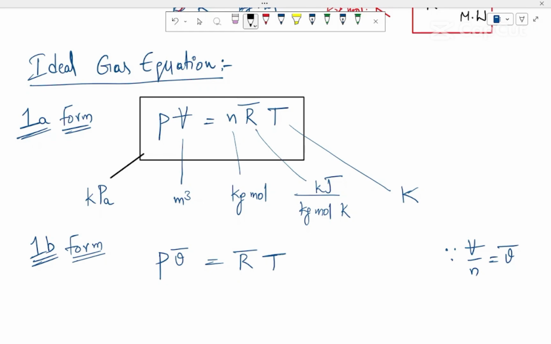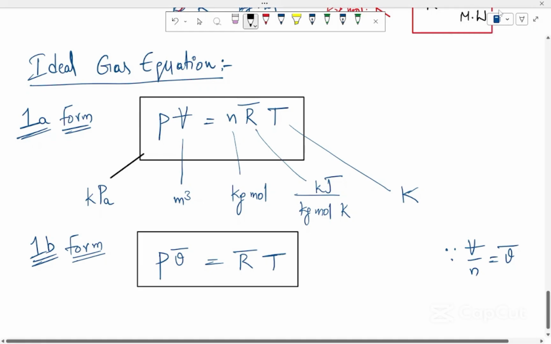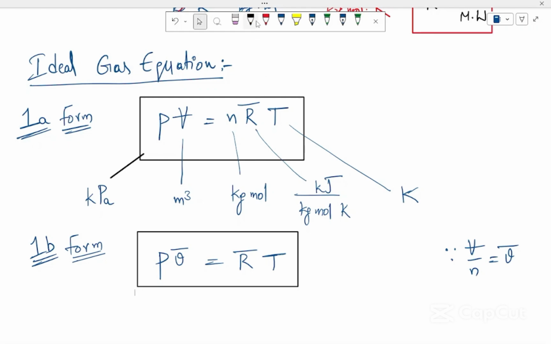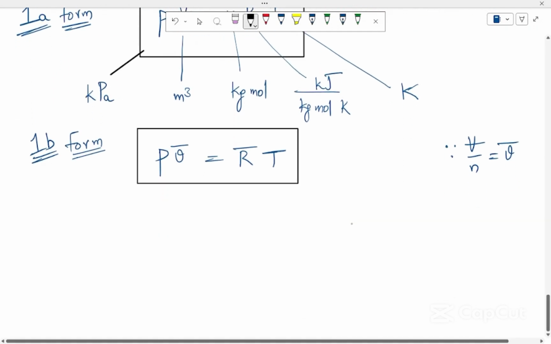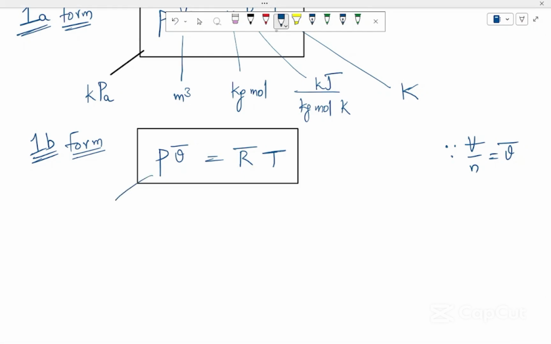This is a changed form of the similar one, that is your R bar based ideal gas equation. Universal gas constant based ideal gas equation I have written here. For this I will be writing kilopascals. Since this is a molar volume, I should write meter cube per kg mole.